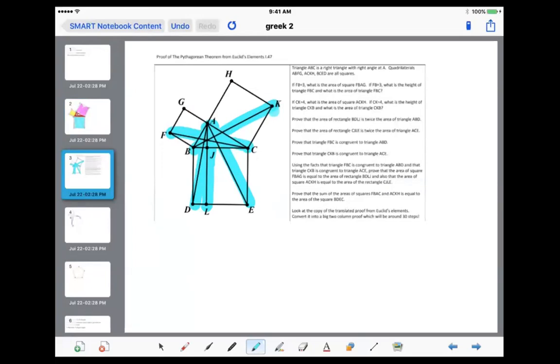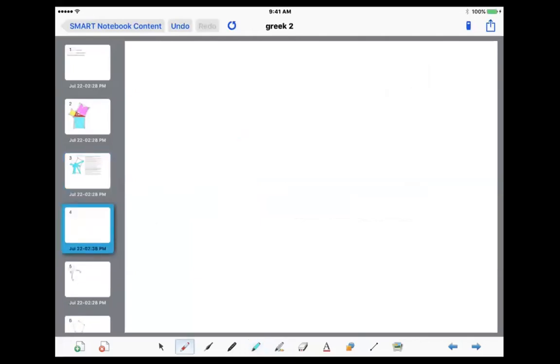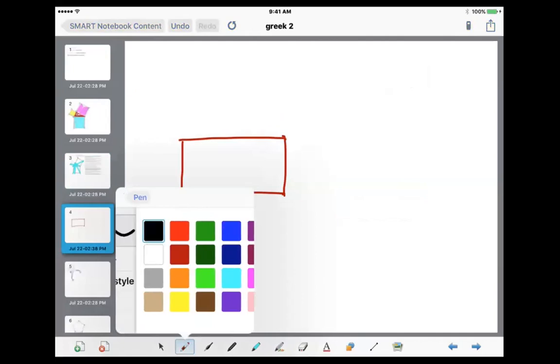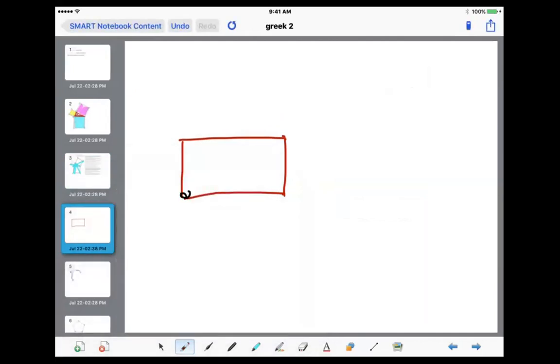Now, to understand the proof, I want to first show you that if I have a rectangle, and I take the base of this rectangle and make that the base of a triangle, these are going to be 2 vertices of a triangle, but the third vertex is going to be either on the top segment of the rectangle, or anywhere on the continuation of that line.